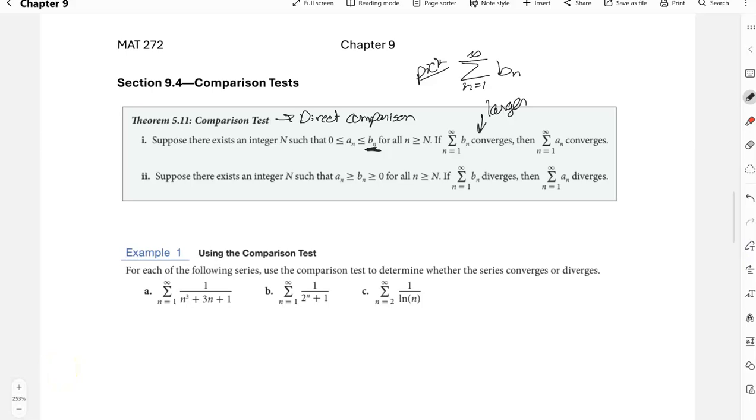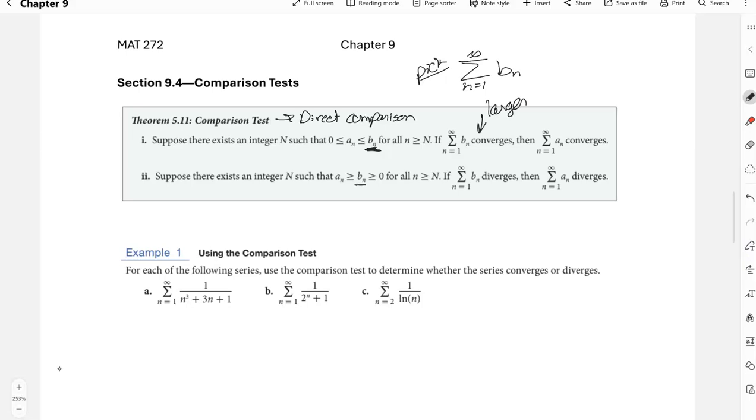Now, if we think this sequence is going to diverge, then our goal is to pick a sequence where these numbers are going to come out smaller than the original sequence. So part 2 of the theorem says, suppose there exists an integer capital N such that a sub n is greater than or equal to b sub n, which is greater than or equal to 0. So we're looking at non-negative values here.